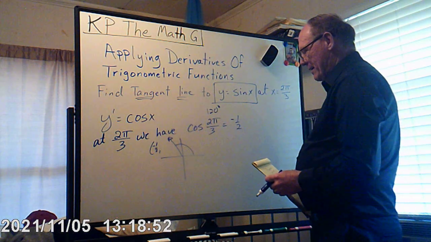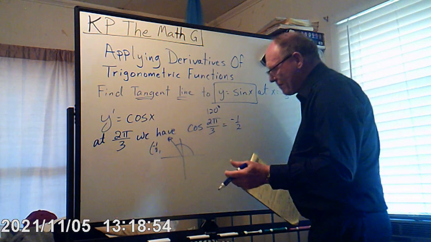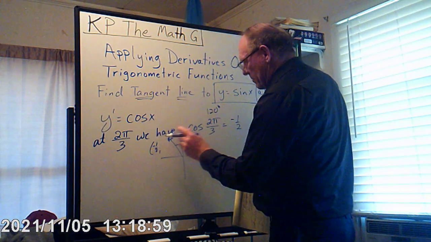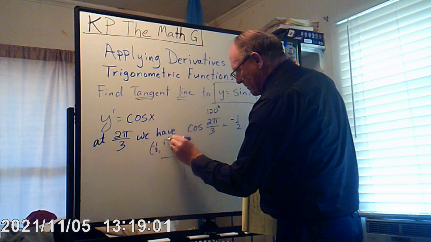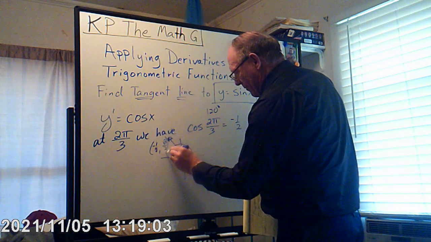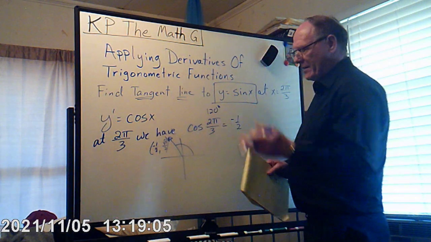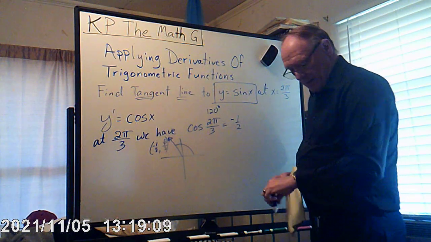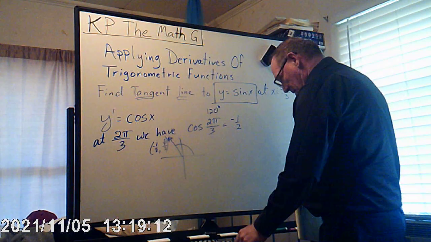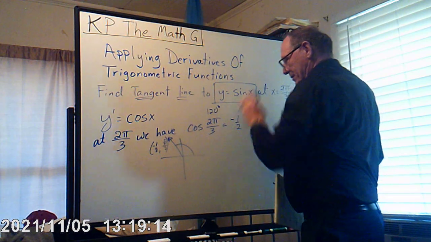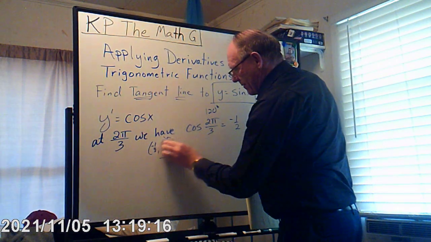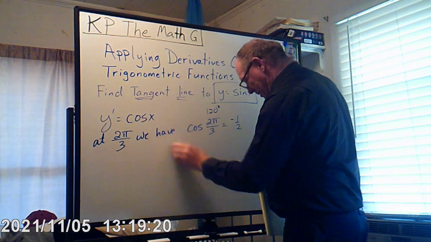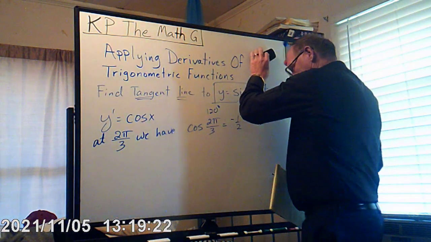The sine would be positive, the square root of 3 over 2, if this were sine, but it's not sine, it is cosine, so negative 1/2. You have to know a little bit of that unit circle to be able to do this problem. Just remember that.